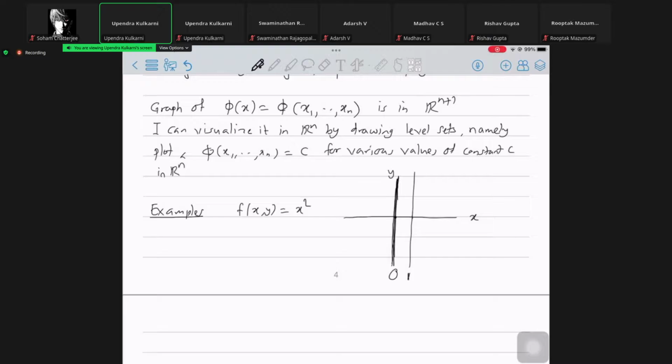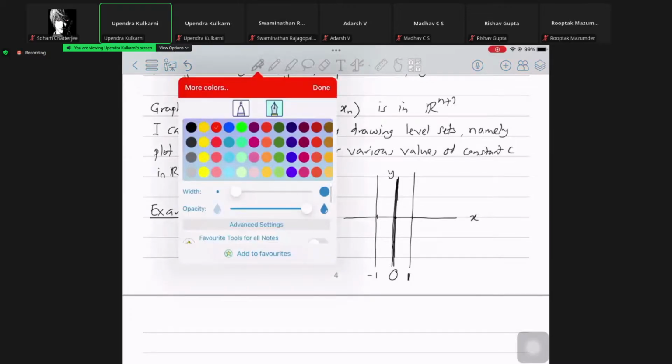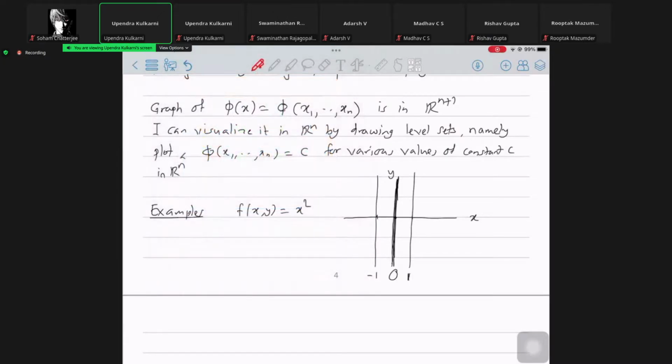But for 1, I have another one, which is at -1 also, the value is going to be 1. And so maybe I should start color coding this. What if I take C to be 4? Then the value of x is going to be 2 or -2. Right?